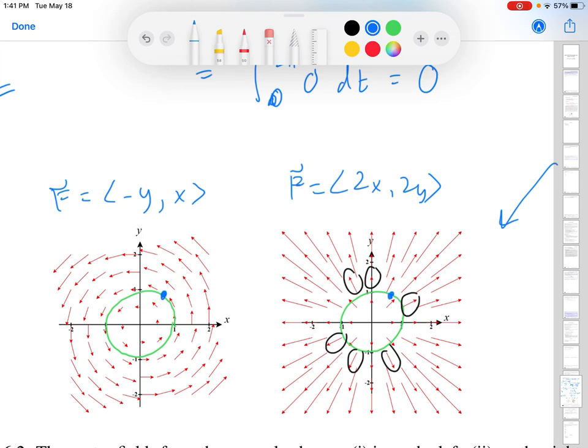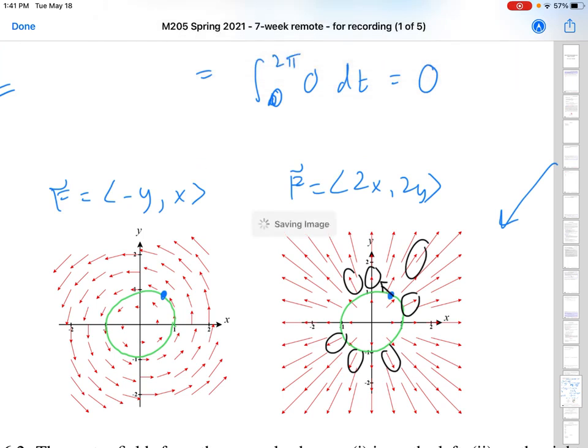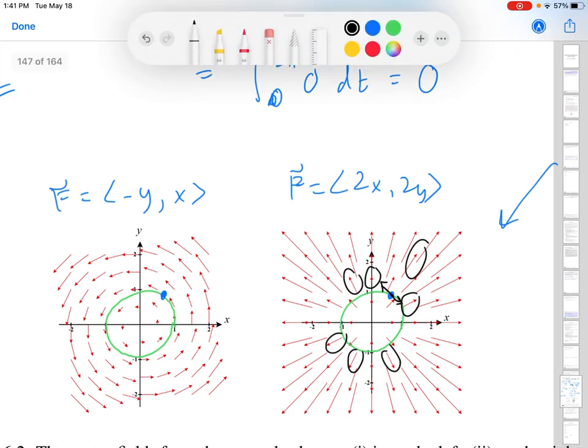The answer is no, because no portion of the vectors here are ever tangent to this circle. So there's no force, if you will, being applied tangent to the circle to move the bead along the circle. Instead, all the force being applied is orthogonal to the circle.